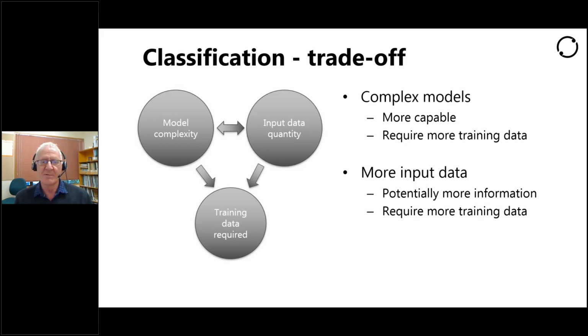So you're basically trying to parameterize the underlying model, and if you've got a more complex model, you need more training data to adequately parameterize it. So that's why you might try and reduce or summarize some of the bands and simplify it a little bit, because that can often produce a more robust result than just throwing every single bit of data at the classifier.